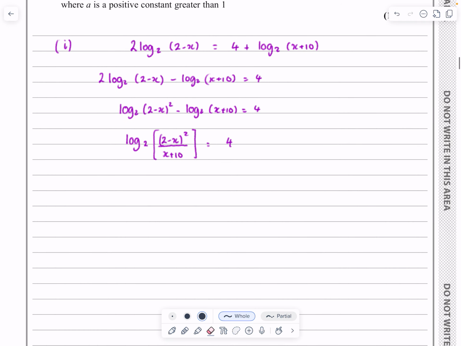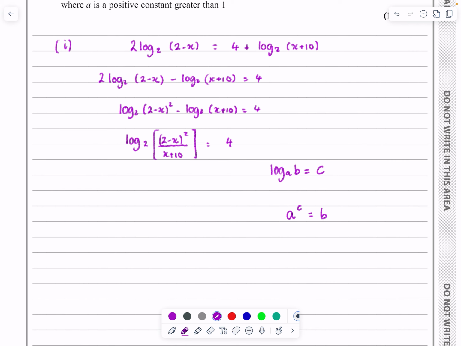And then another thing that we can do with our logs is this idea. If I have log to the base a of b equals c, I can change that log equation into a power statement here. So the base of my power statement is going to be the same as the base of my logarithm. And you should all know that a logarithm is a power, so that must be the power part of it.